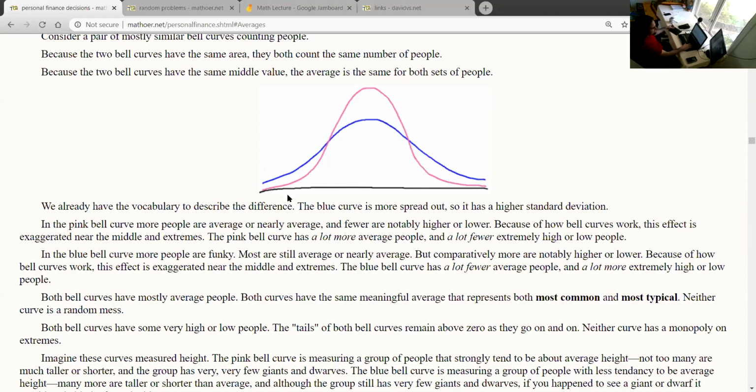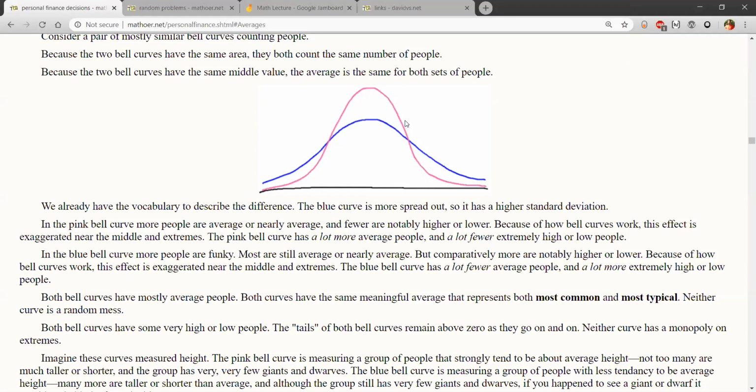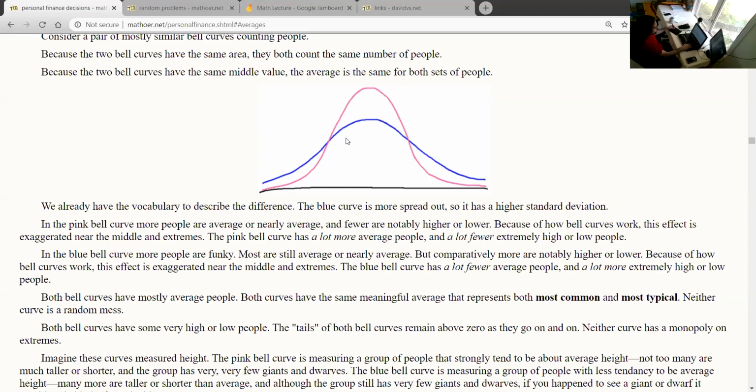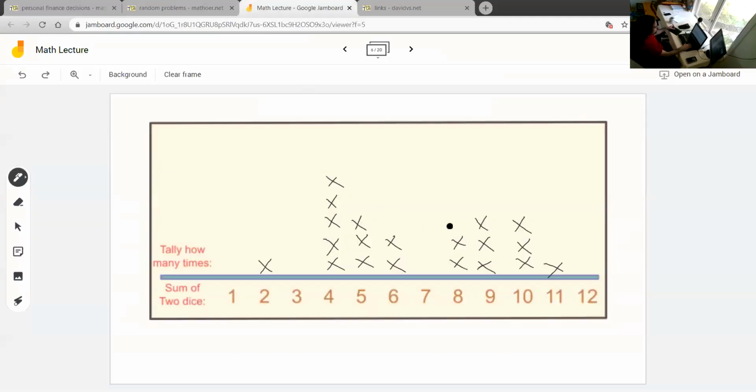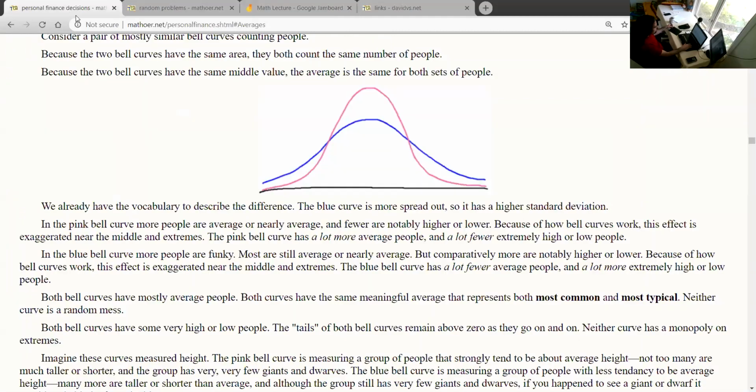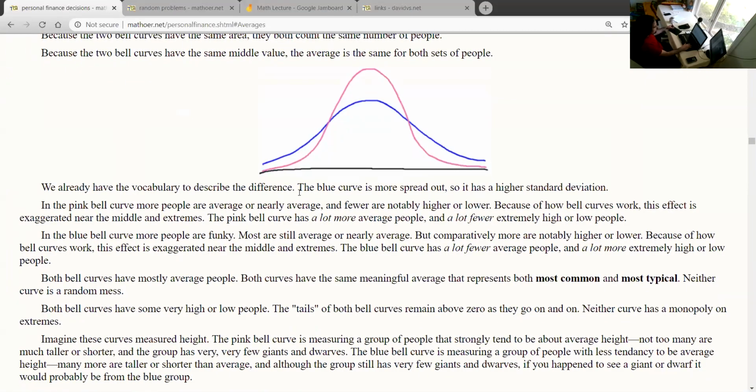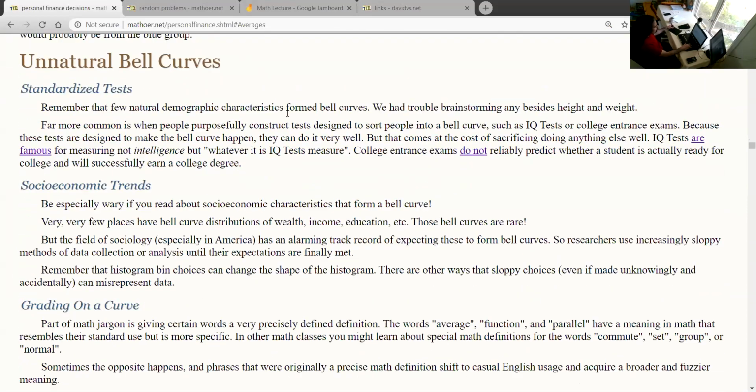Does that make sense? If you were to do this again and again, like the SATs do, with enough people that you avoid the problem of not having enough examples in each case, you could write a test with a good bell curve. And that's what the SAT has managed to do.